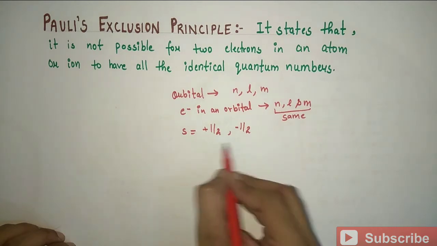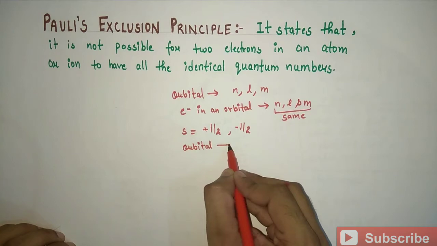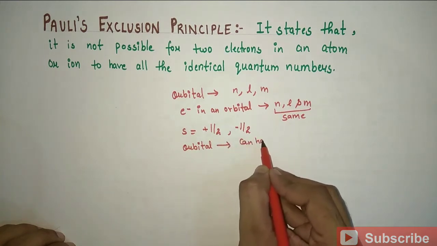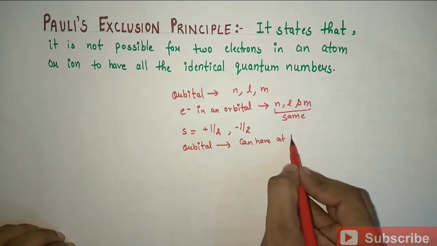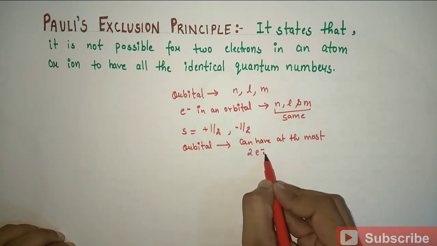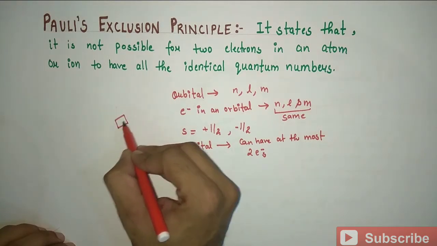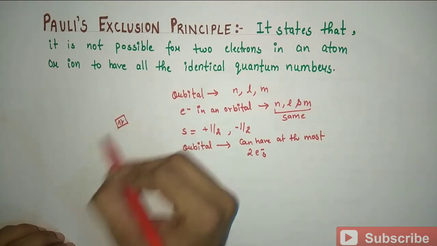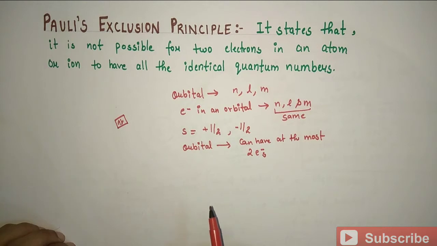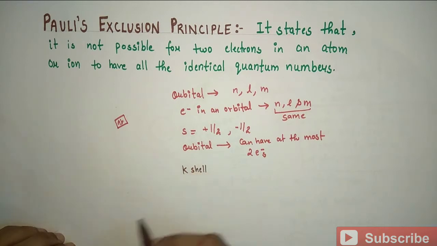So an orbital can have at the most 2 electrons. I have already told you that the maximum number of electrons in a single orbital is 2. For example, consider the K shell, that is n is equal to 1.